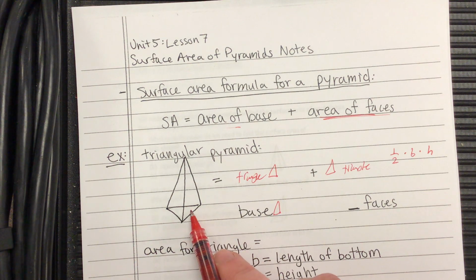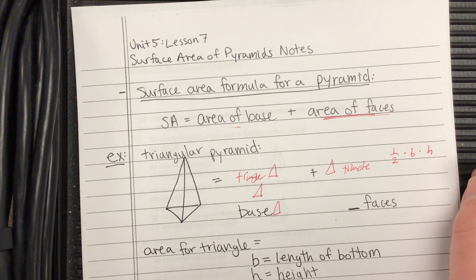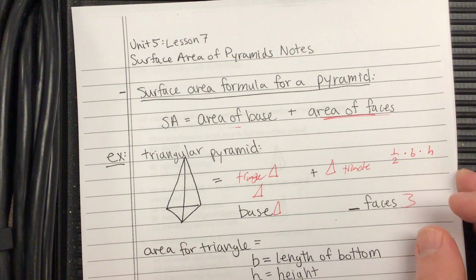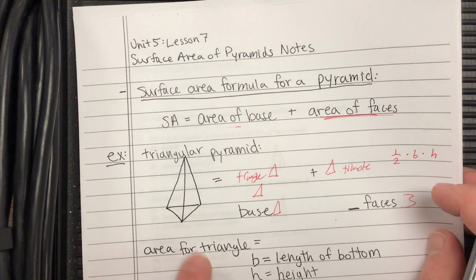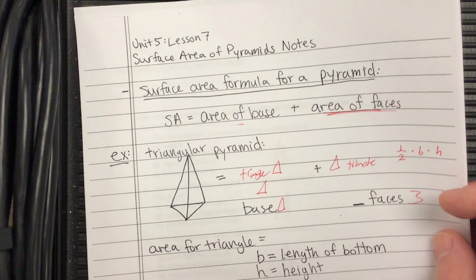How many of these triangles do we have of the base? Just one of those. And how many faces do we have? Three on this one. So we would find the area of our face and then multiply that times 3 and then find the area of the base and add it to the area of our faces. This is how we would do that one.